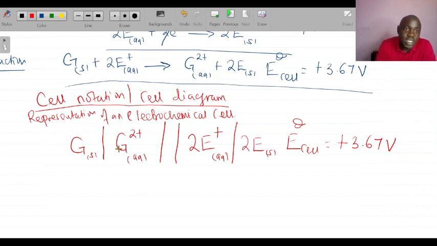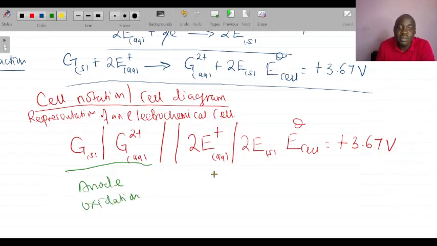So it is good that as a student, you're able to understand that on this end we have our anode on the left hand side, where oxidation takes place.